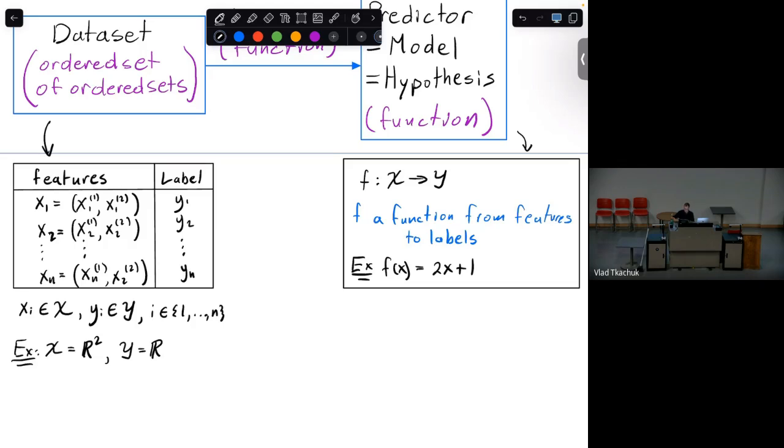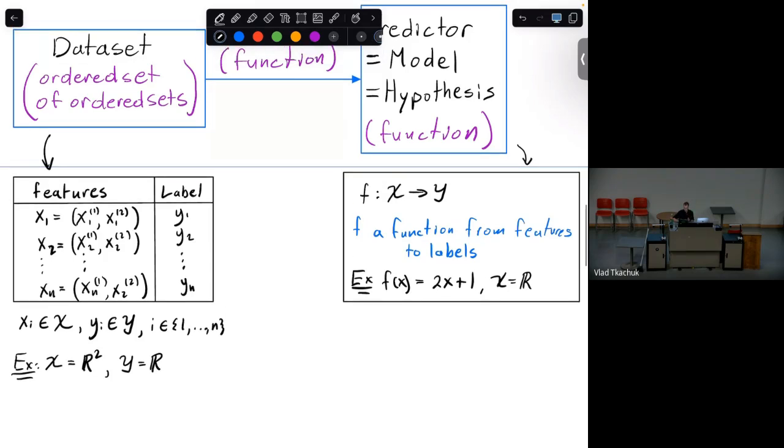In this case, I've assumed that this calligraphic x is only the real numbers, not the 2-dimensional reals, so it just takes one number. This is exactly what we saw in last class, where the input was just the number of rooms, and then the output was the price. And here the slope is 2. Maybe that's not the best slope, but okay.